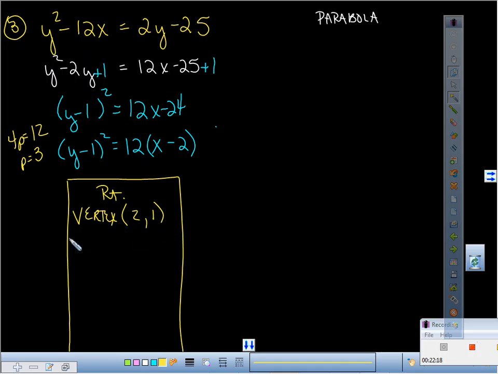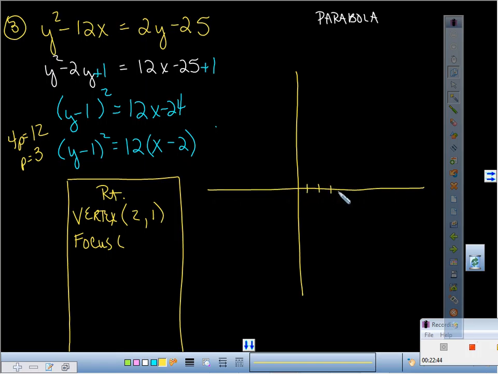The next thing you have to find is the focus. Now y'all listen to me. I'm not going to use that formula to find the focus. I'm going to use my brain, because it works a lot better than the formula. So I'm going to draw the graph for you, and I'm going to show you how to just think about what's going on and how to find the focus and the directrix.